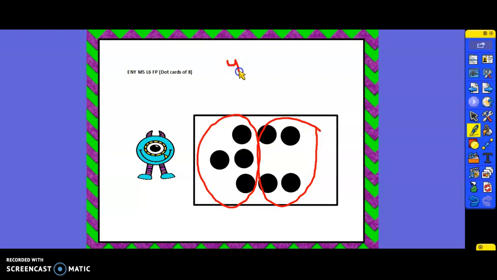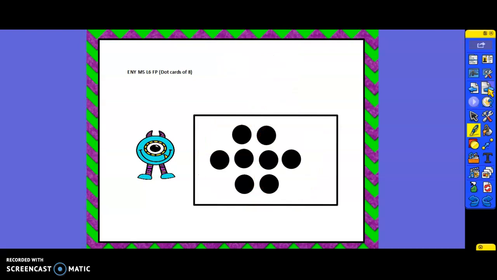So if I were going to write a number bond for that, I would write my parts, 4 and 4, to make my total, my whole of 8. Part, whole. Now, Miss Knockan is going to go through these, and if you want to go back and try these later, you can, to find your two parts of how you see the number 8.